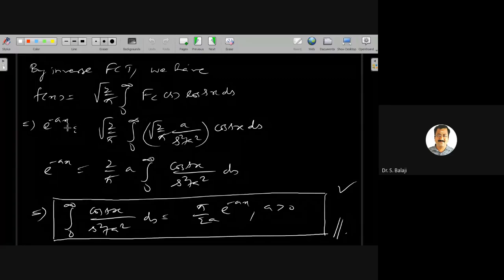f of x is e power minus ax, equal to root of 2 by pi, integral 0 to infinity, fc of s.